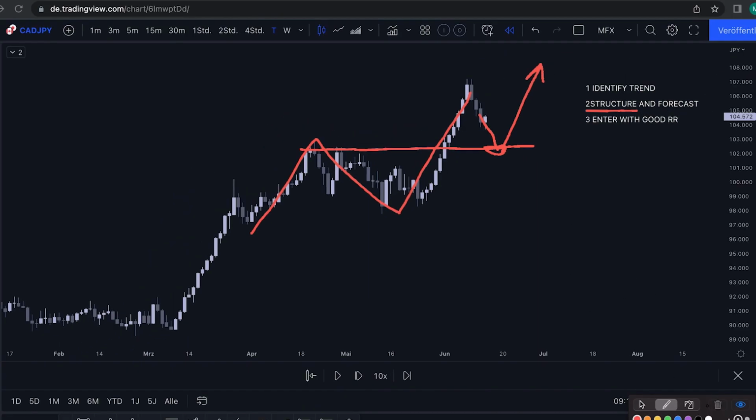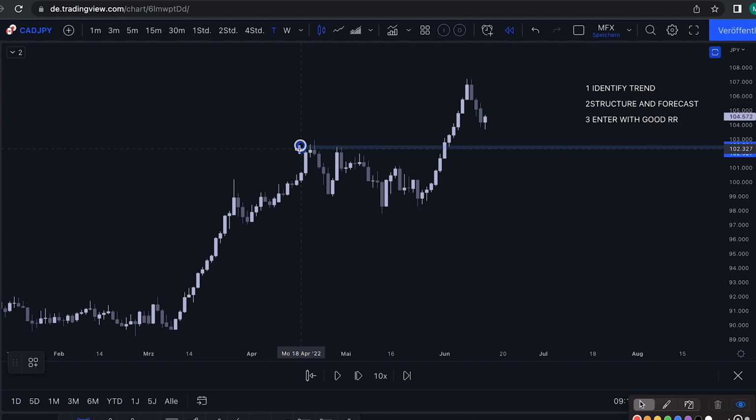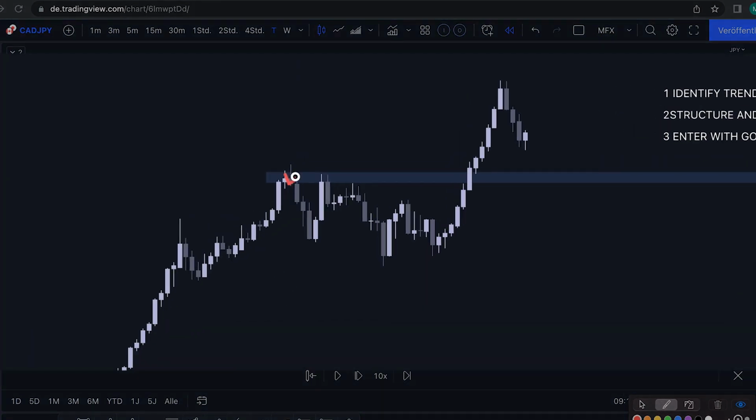So that's our nearest structure level right here. It's this zone right here, guys. This very clean zone, and this zone was also tested multiple times. We have 1 touch, 2 touch, 3 touch. The market shoots up, and now we want a correction back into this zone right here.